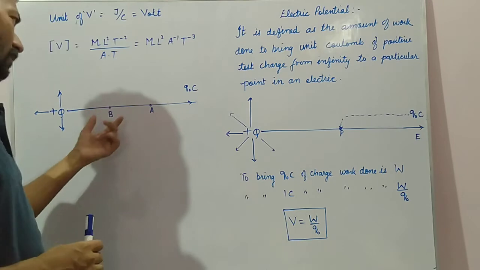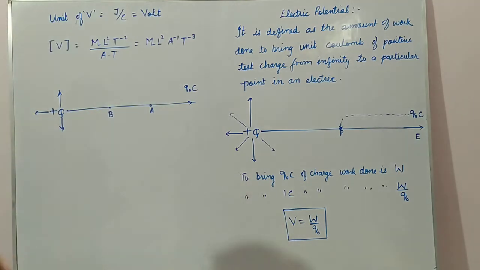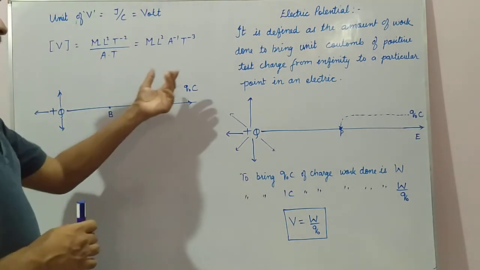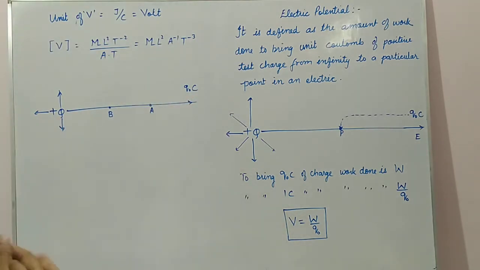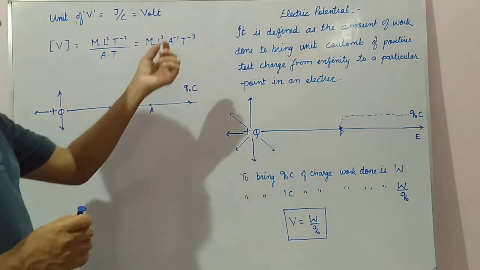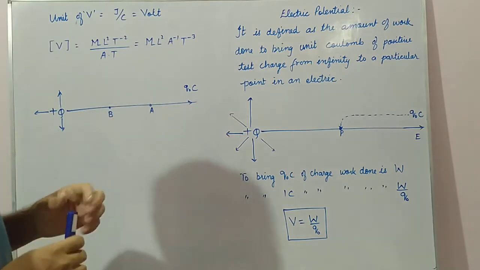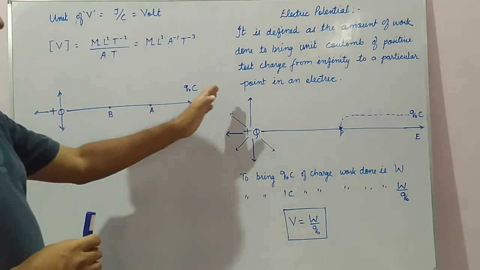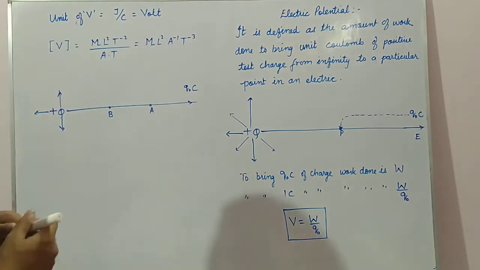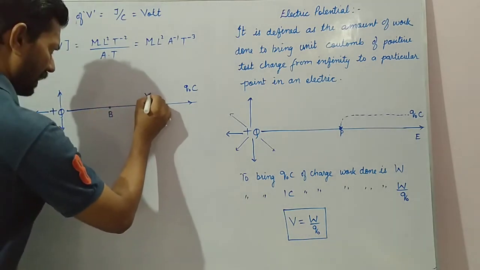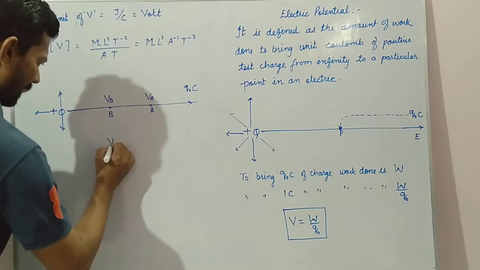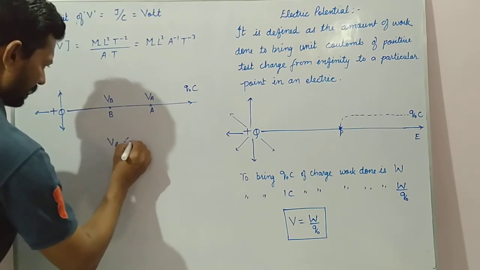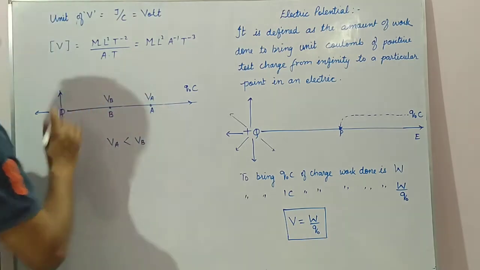From infinity to B also some work will be done. But when the charge is brought from infinity to B, it has to overcome more and more repulsive force. As such, the work done to bring the charge from infinity to B is more than the work done to bring the charge from infinity to A. So this is the potential at A, VA, this is VB. The potential at A is less than the potential at B.